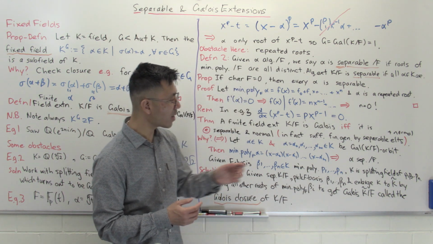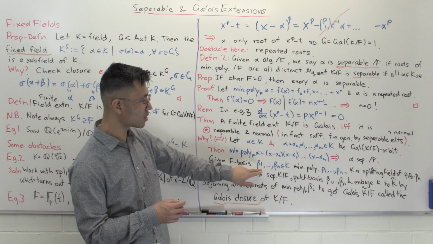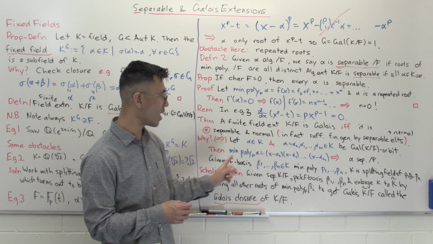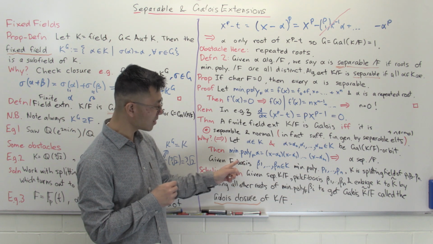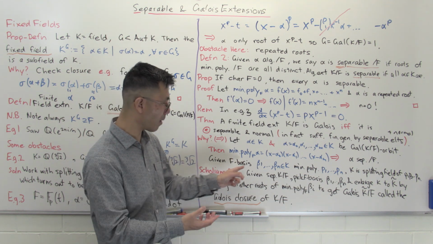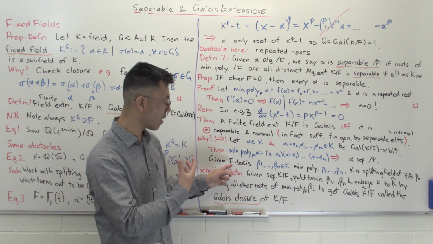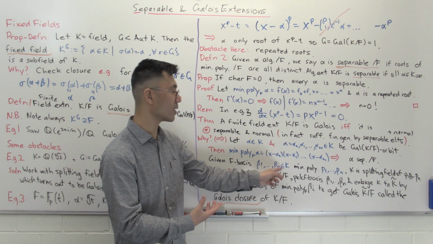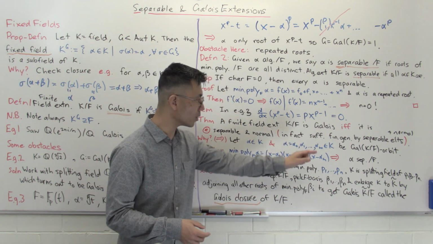Well, that field contains beta 1 up to beta n, which is an F basis for K. So it at least contains the F vector space generated by beta 1 up to beta n, which is K. And so that's why you get this forward direction.